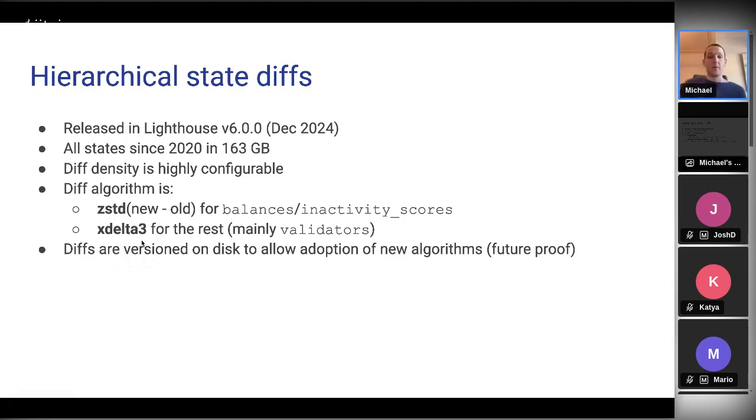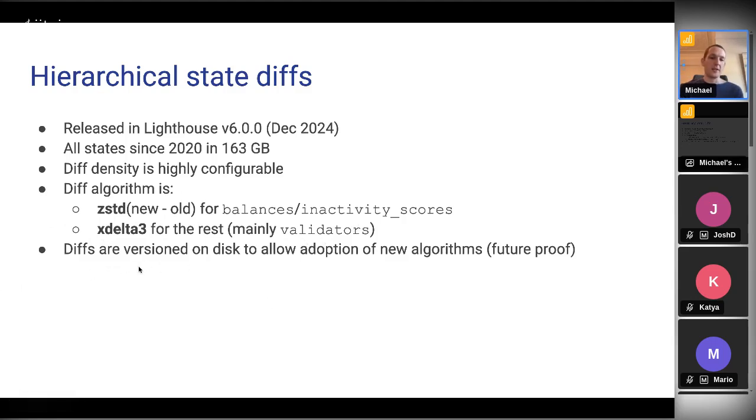But it was the best when we benchmarked both the compression ratio and the speed of compressing and decompressing. It met the sweet spot for being quite compact, but also quite quick to compress and decompress. So that's what we've used at the moment for the validators.